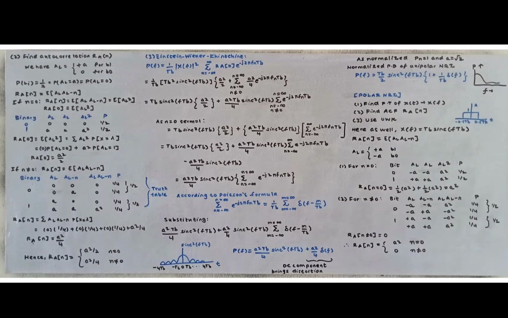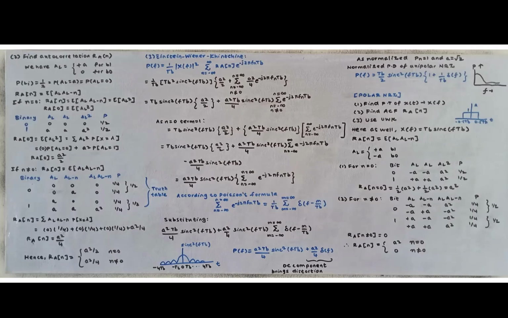The third step is the Einstein-Wiener-Khinchin, whatever, EWK theorem. And the formula here is P(f) is 1 by T_b times |X(f)| squared times the summation of R_A(n) e to the minus j2πfnT_b. Now, it's a very annoying calculation in between, but essentially the first step is you expand everything, you substitute everything in, and you take the n equals 0 term out of that summation, you make it independent.